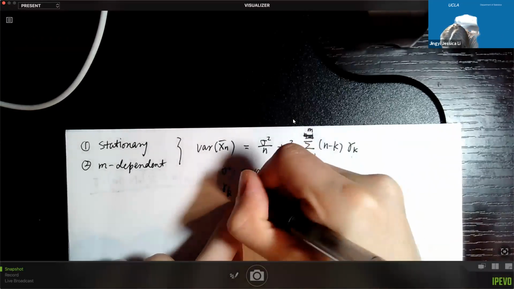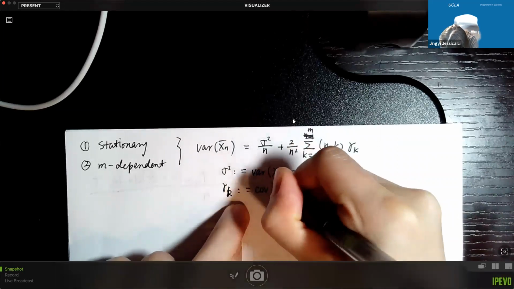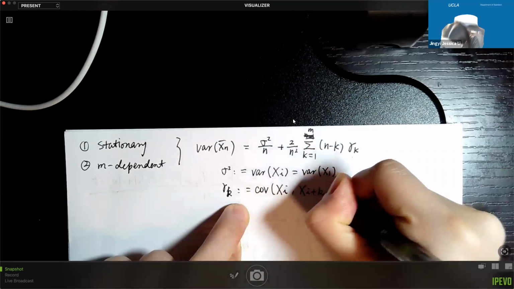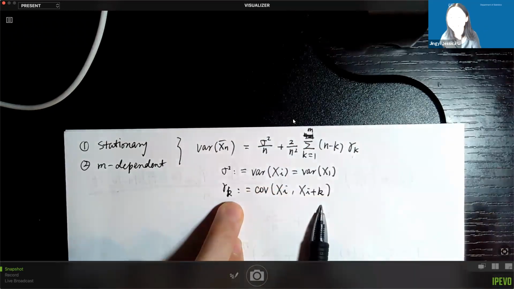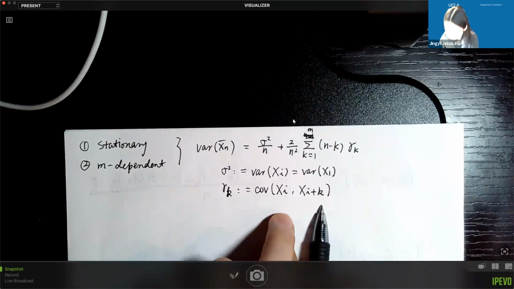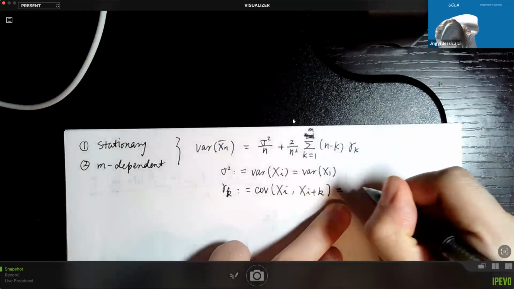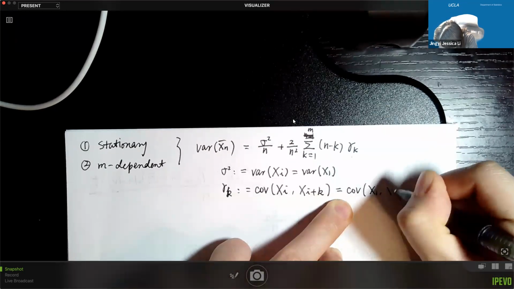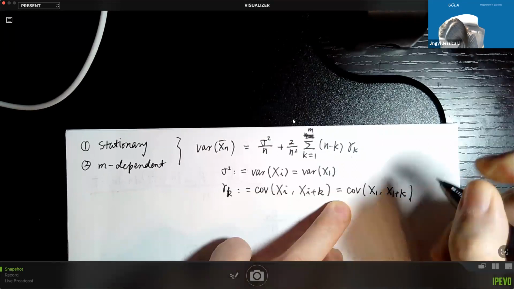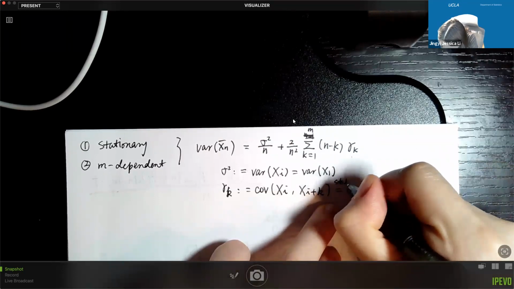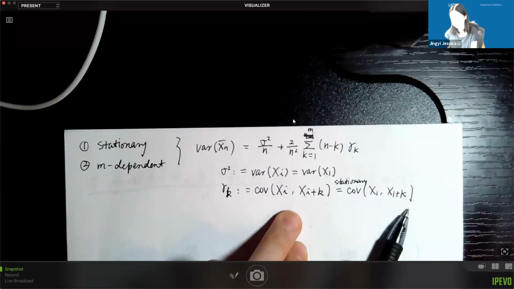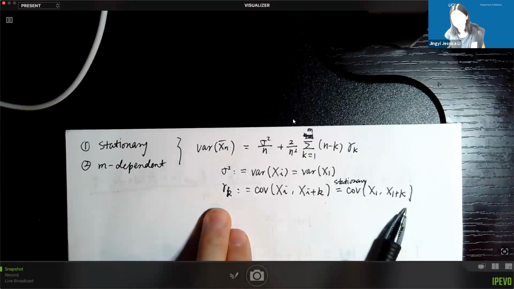Gamma k is defined as the covariance of X i and X i plus k. So they are apart from each other by k in the sequence. And again, because of the stationarity, this is equal to the covariance of X 1 and X 1 plus k. So you see that this gives us a lot more convenience for computing gamma k.